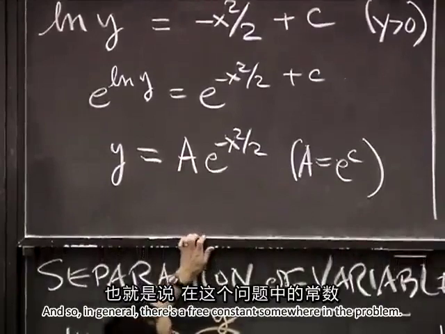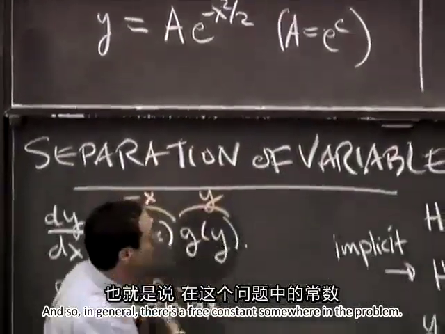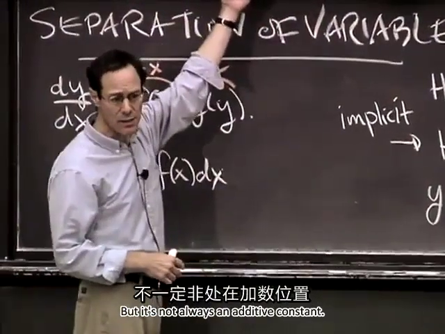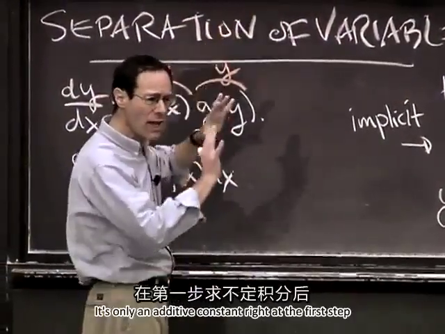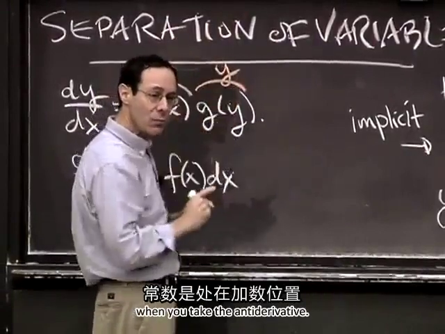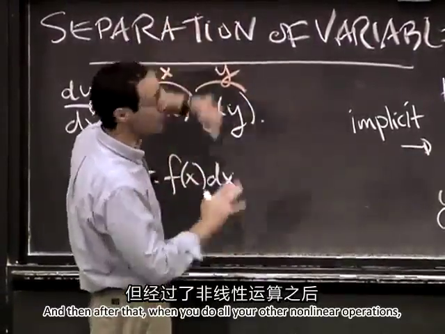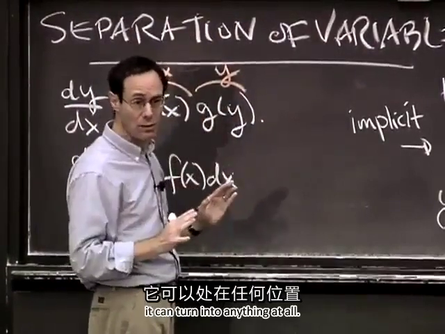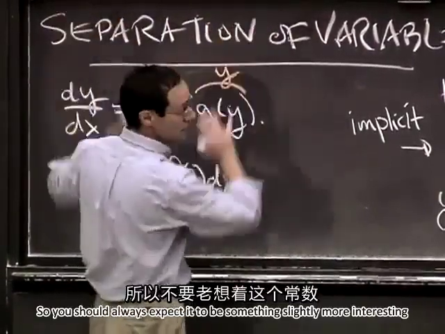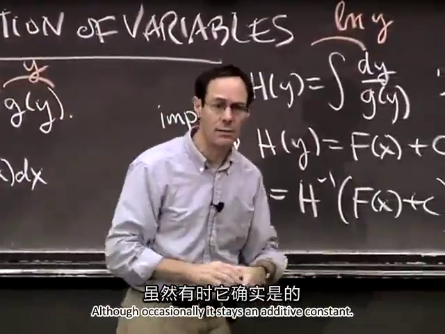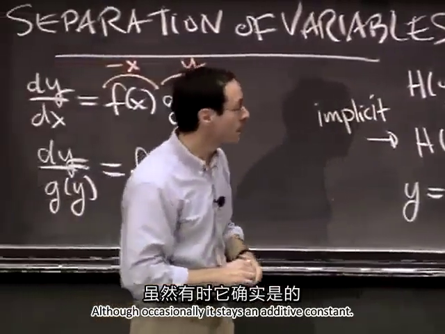And so in general, there's a free constant somewhere in the problem, but it's not always an additive constant. It's only an additive constant right at the first step when you take the antiderivative. And then after that, when you do all your other nonlinear operations, it can turn into anything at all. So you should always expect it to be something slightly more interesting than an additive constant, although occasionally it stays an additive constant.